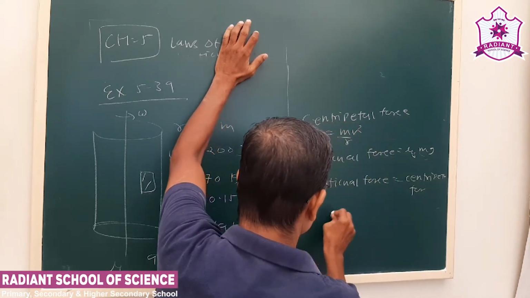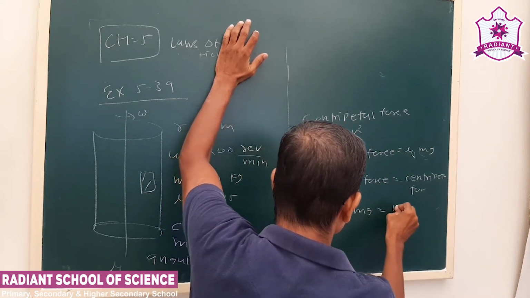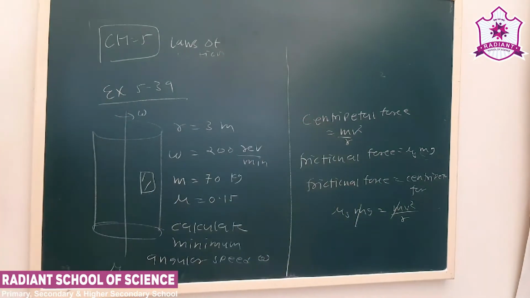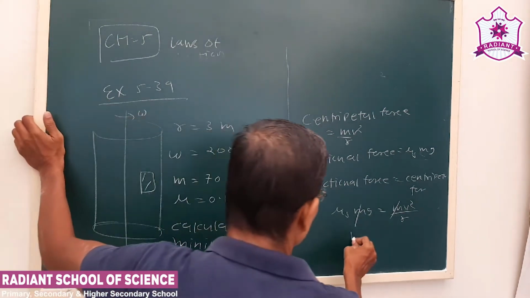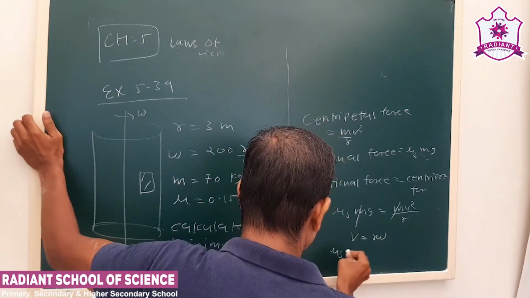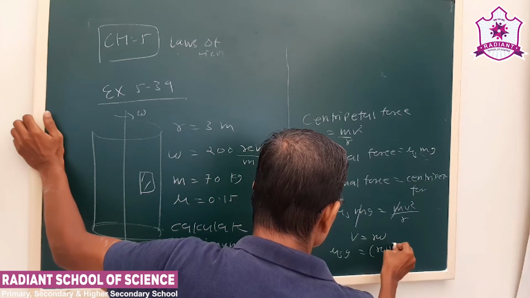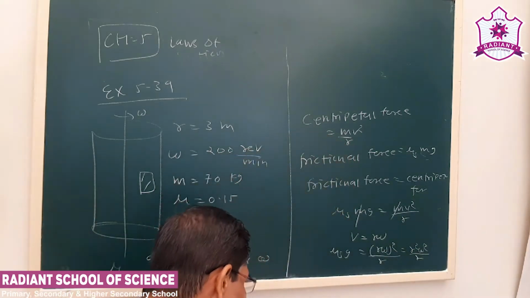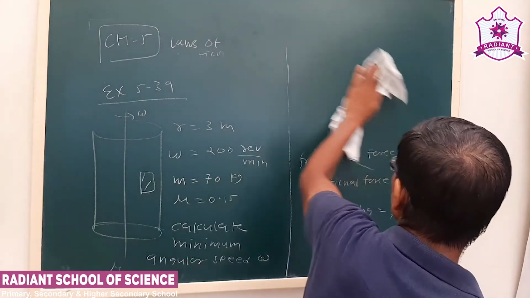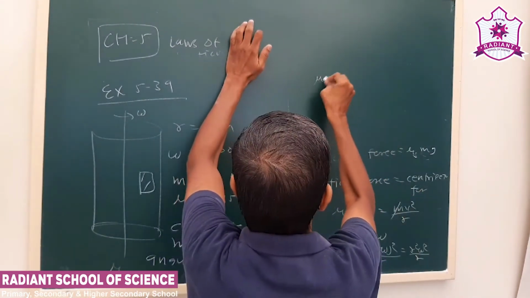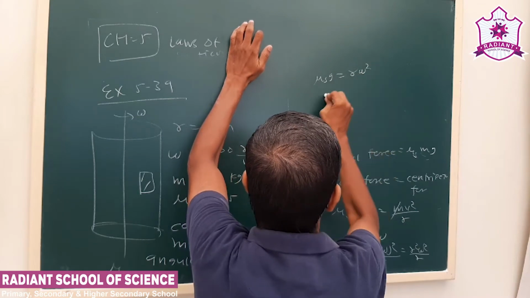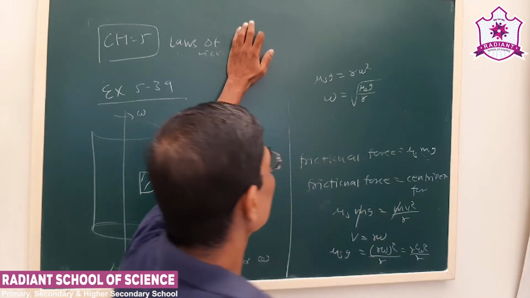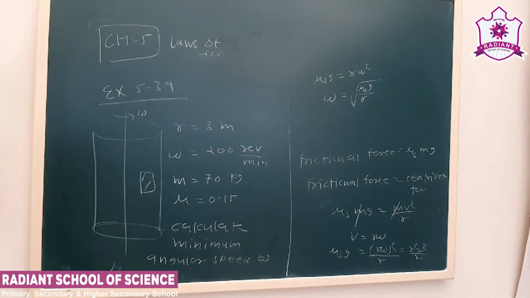So again the frictional force is mu s into mg. Again we have to calculate angular speed, so we use v is equal to r omega. So this is how we can calculate the angular speed.